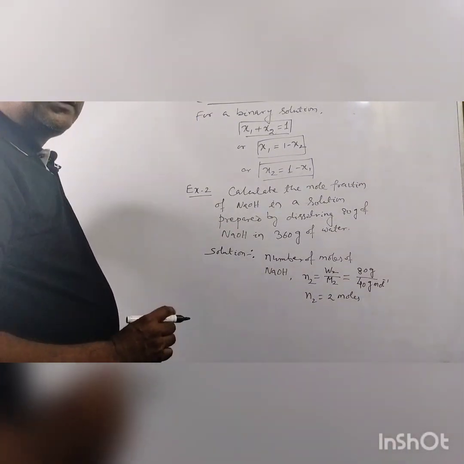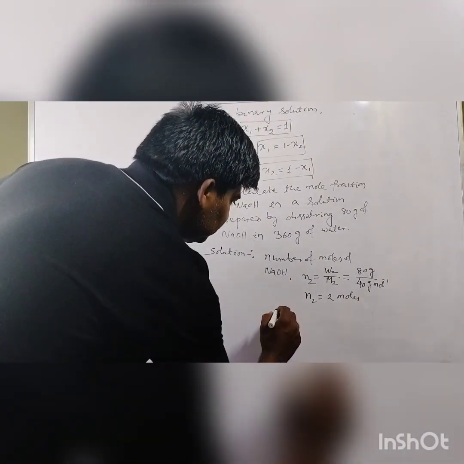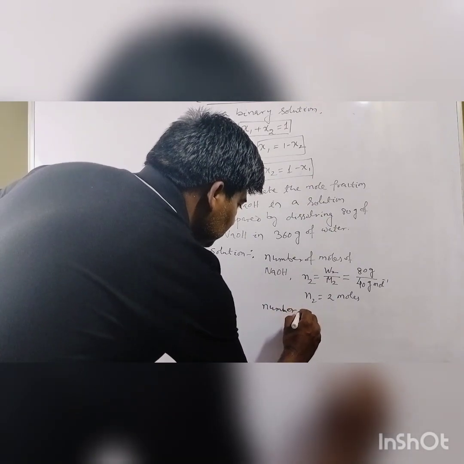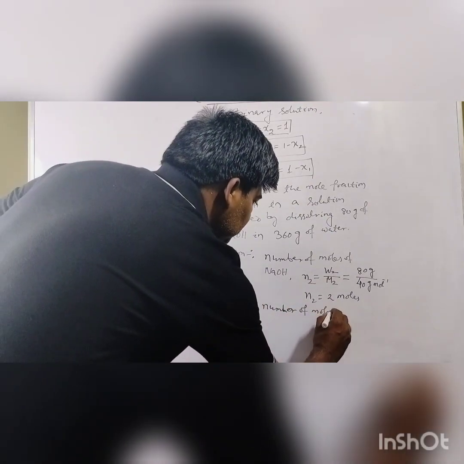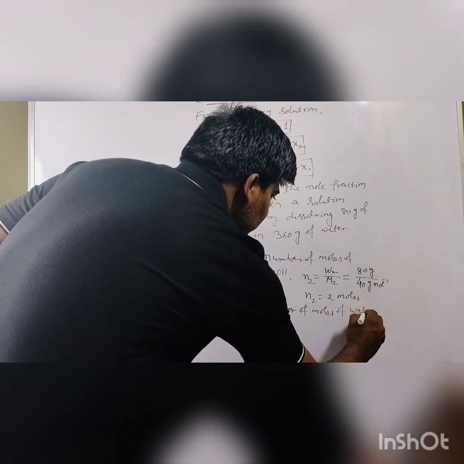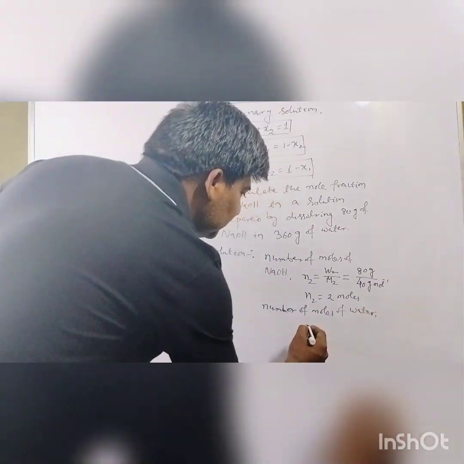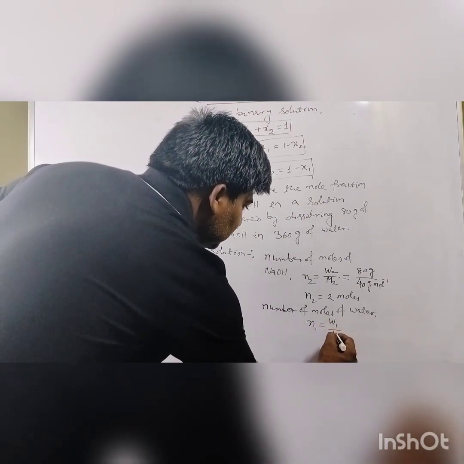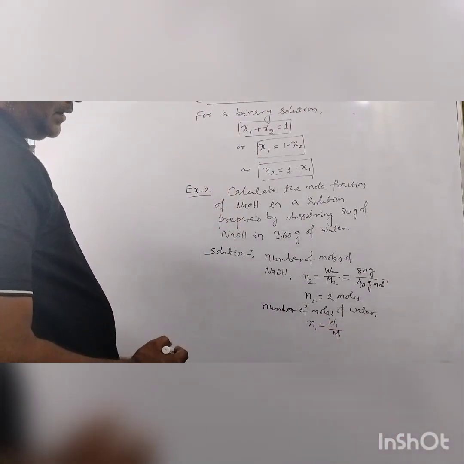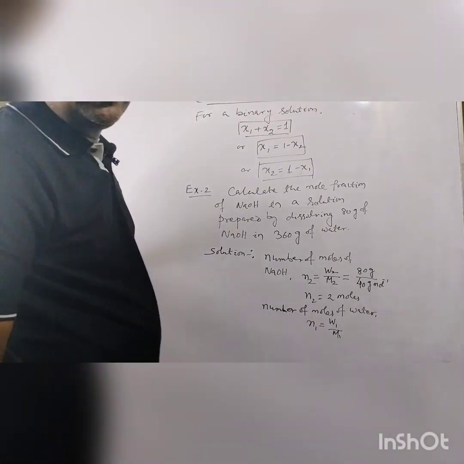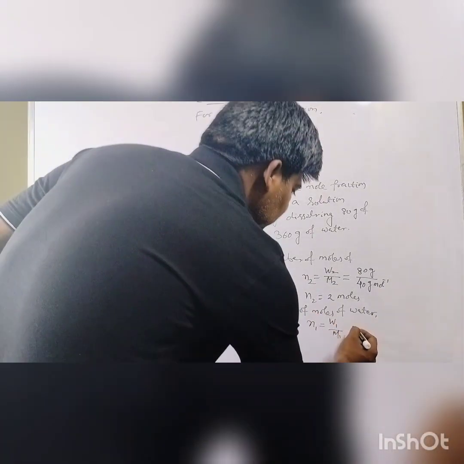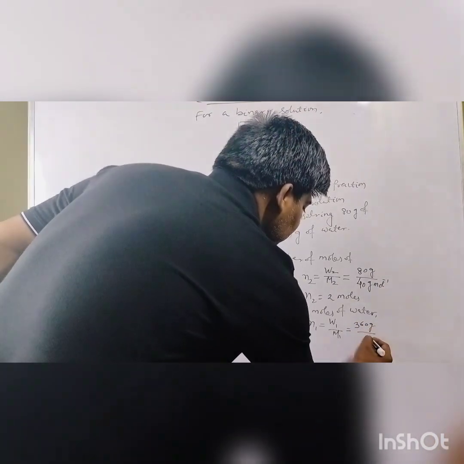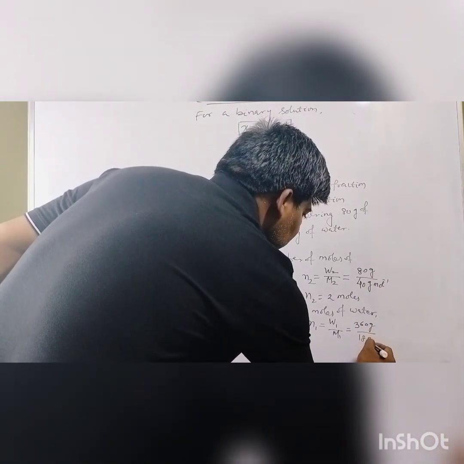Like this we can calculate the number of moles of water also. Number of moles of water is given by N1 is equal to W1 by M1. Okay. W1 is the given mass of water and M1 is the molar mass of water. That is 360 gram by 18 gram per mole.